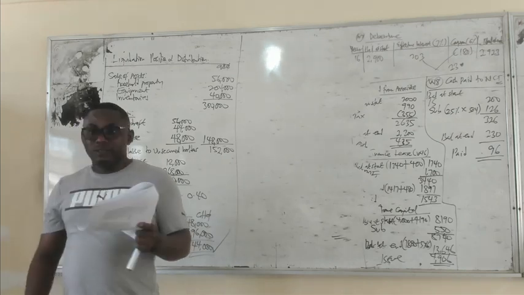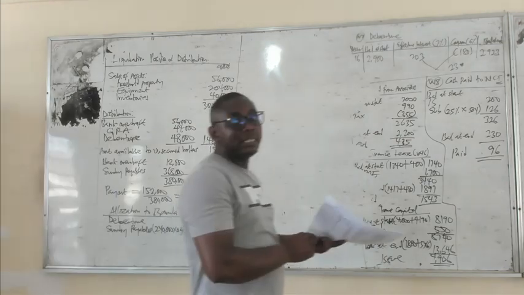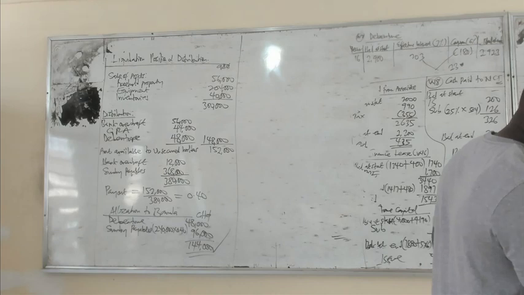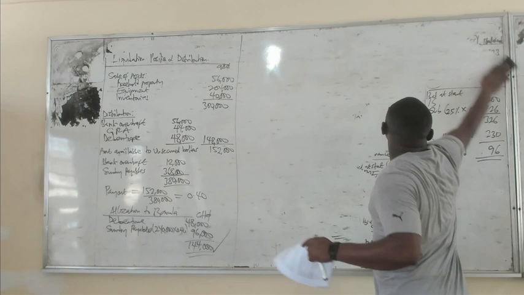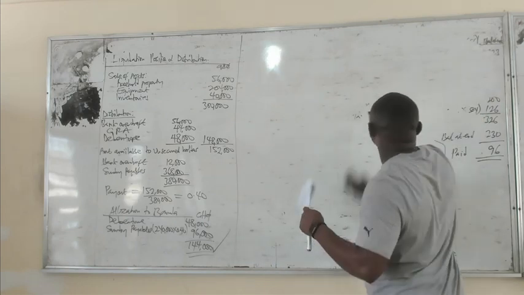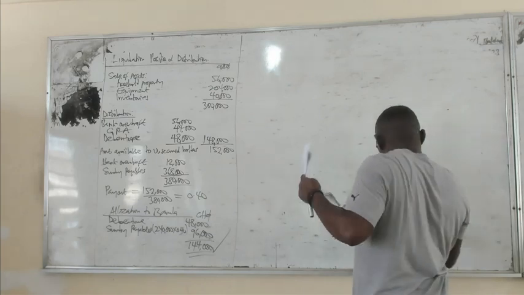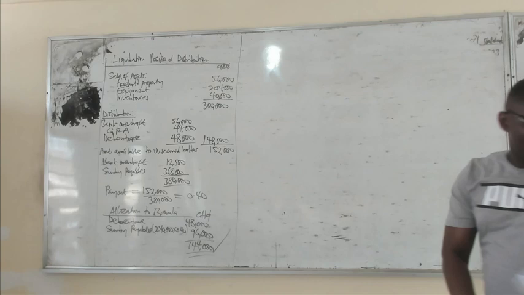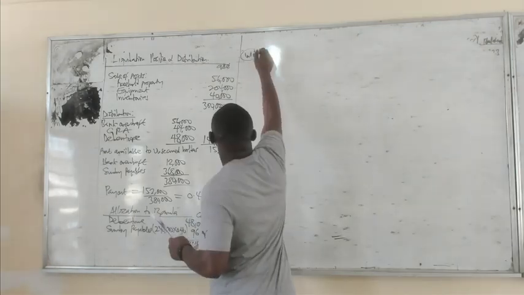So the number of shares, let me do some workings here. Can I clean this part? So we're going to have small workings for the number of shares. So please, if it is exam, you just write workings number 1, share capital.